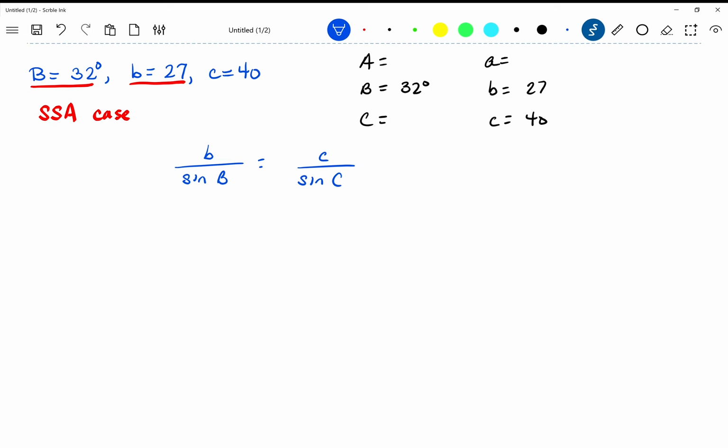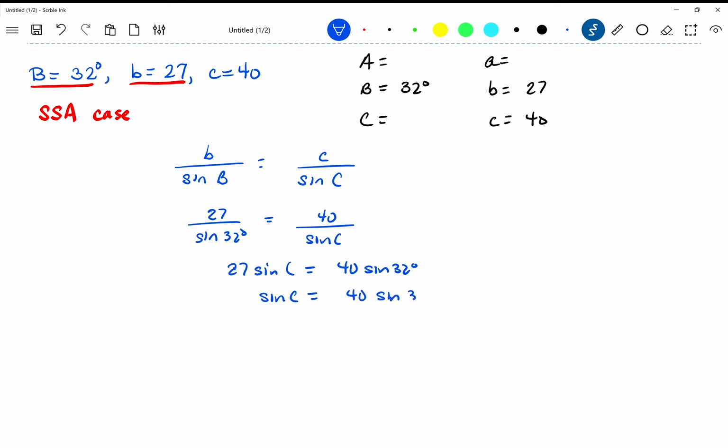So that means 27 over sine 32 equals 40 over sine of c. Cross multiplying, 27 sine c equals 40 sine 32 degrees, so sine c is equal to 40 sine 32 degrees over 27.